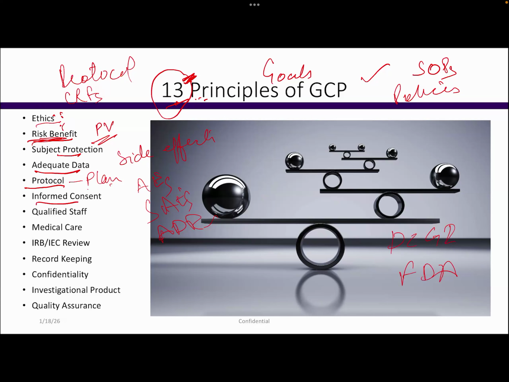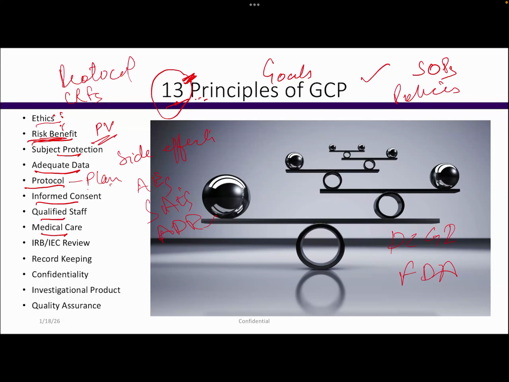Informed consent form should be given voluntarily by the participants. Qualified staff. All the people who are working in your trial should be qualified. There are three things: qualified by education, experience, and training. I will talk more in the next slide. Medical care by qualified staff.